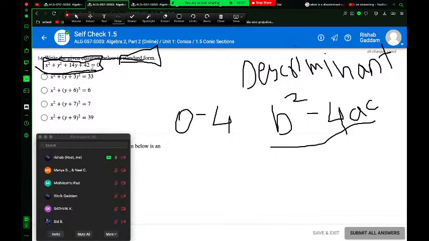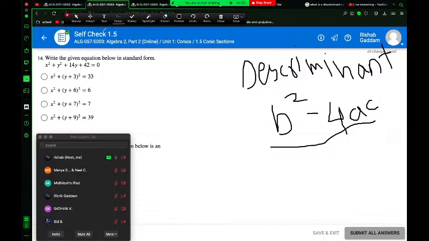So to put this in standard form, what we're going to have to do is complete the square to find this square term.